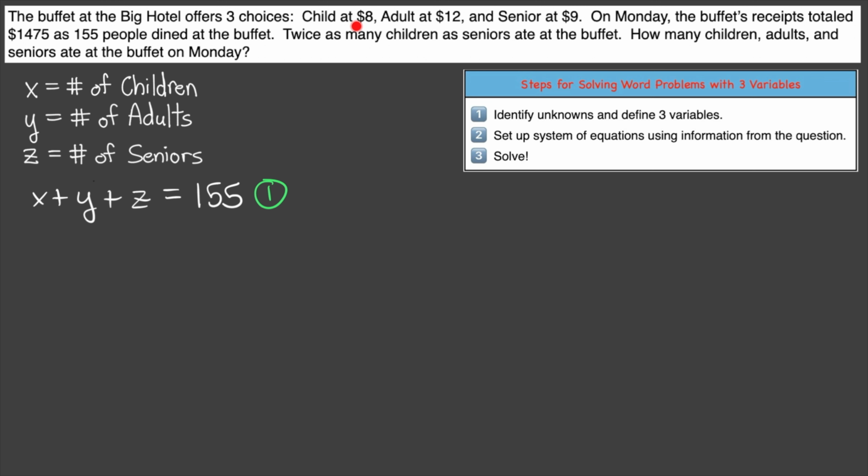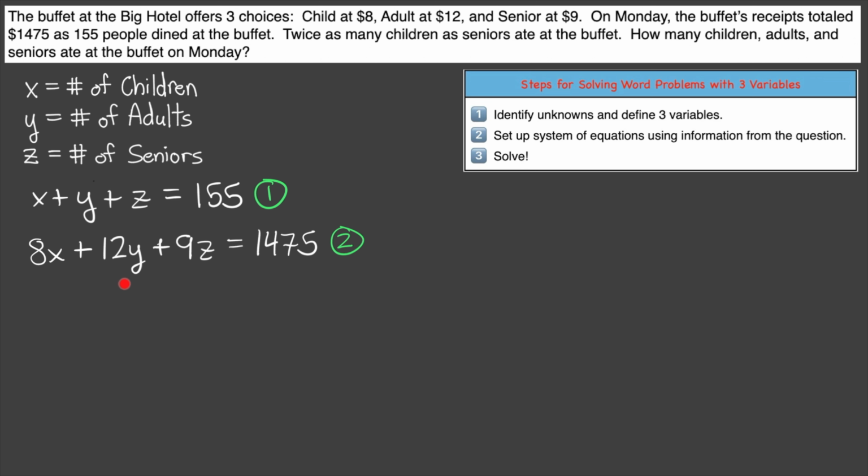So we multiply 8 times x, and that's the amount of money the buffet brought in from the child tickets. So that'll be 8x. And then for the adults, it's really similar. It's $12 per adult times the number of adults, which is y. So we'll say 12y. Seniors will be 9z. And then we have a total of $1,475 that was brought in that particular Monday.